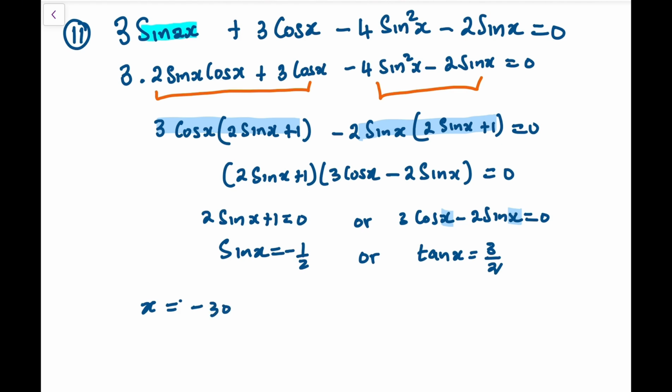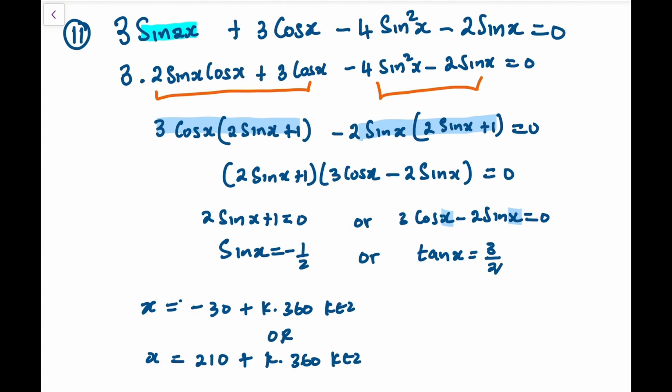It is negative 30 plus k multiplied by 360, where k is an element of all integers. Remember, if you want to make this positive and you are dealing with sine, you can always add 360. And then you'll say, or x is equal to 180 minus negative 30. It will be 210 plus k multiplied by 360, where k is an element of all integers.